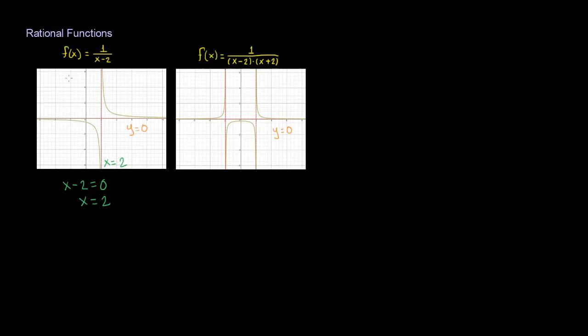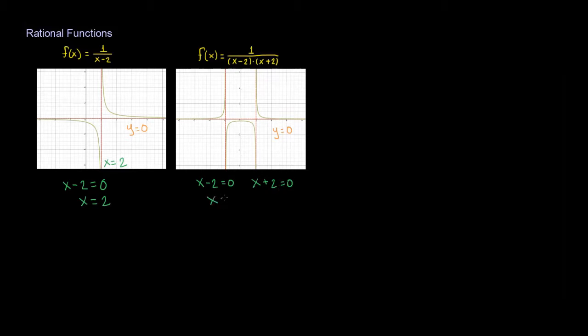We do pretty much the same thing with this type. We have two factors in the denominator. We do the same, but with each factor. So that's how we got that x minus 2 is equal to 0, and x plus 2 is equal to 0.